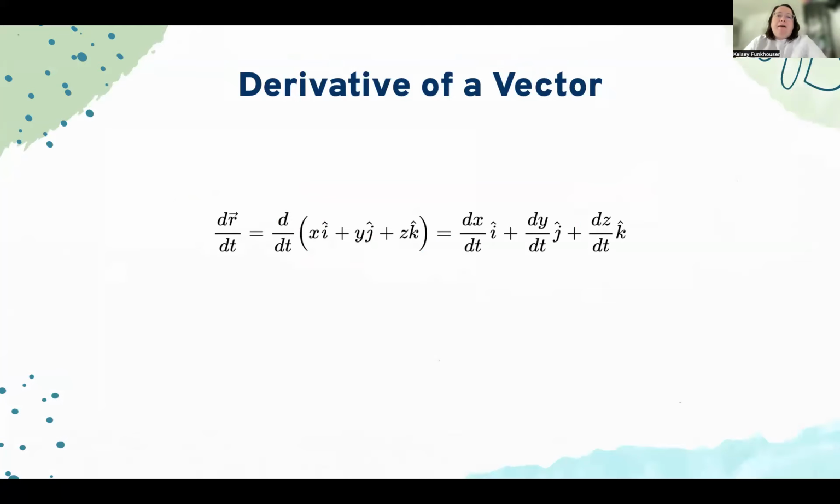A brief reminder about the derivative of a vector. The position vector r is given by x, y, and z magnitudes and the unit vectors here. So the part in the parentheses is the vector r. And when you take the derivative of a vector, you just distribute the derivative to each component, which gives you dx/dt i hat plus dy/dt j hat plus dz/dt k hat.